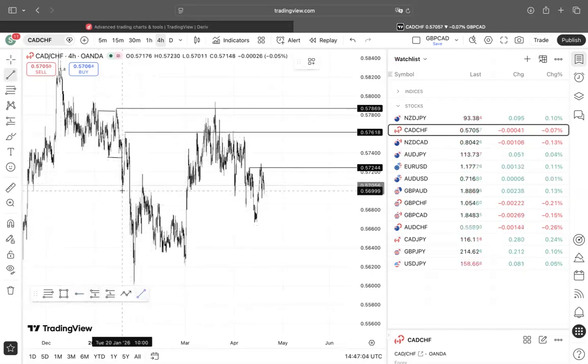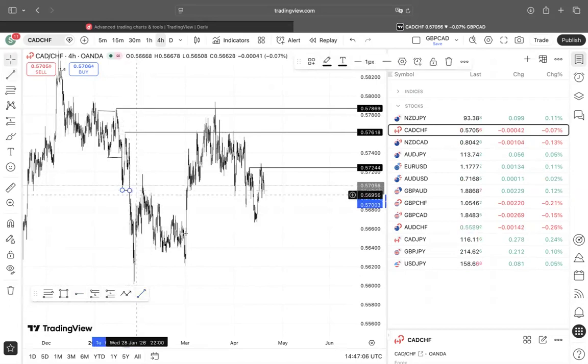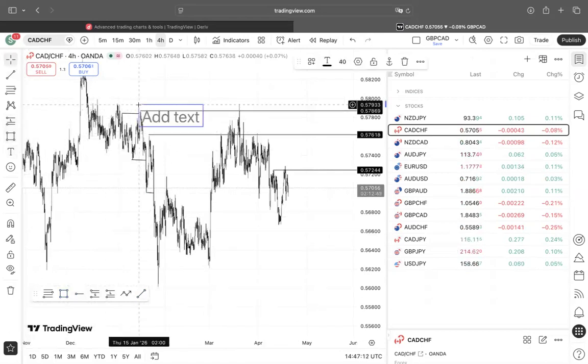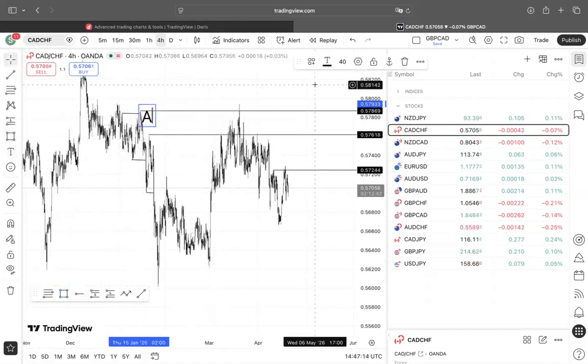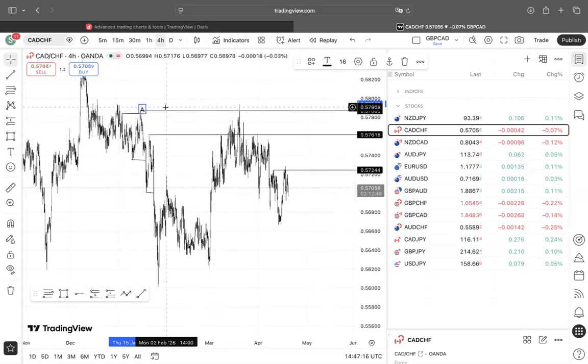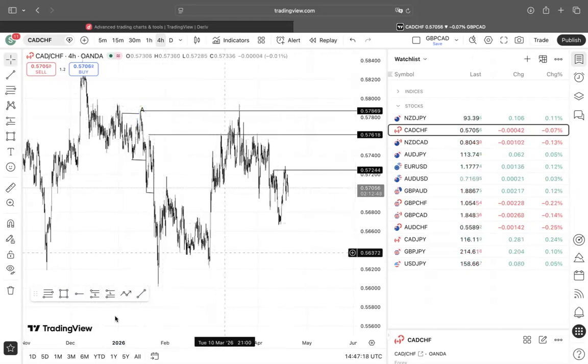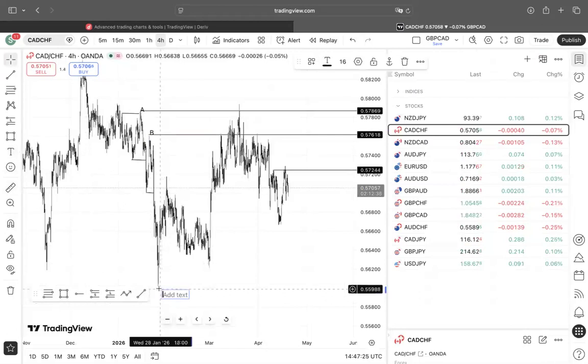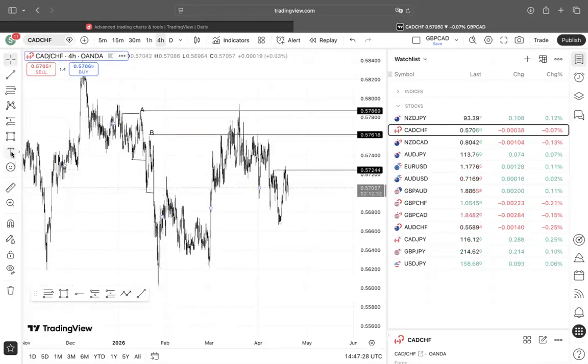So this is the type A of my setup, and it is the A plus setup. All right, so let's label this as A. All right, and then we have B, which is structural liquidity. And then where price is coming from before taking out RB becomes our target.